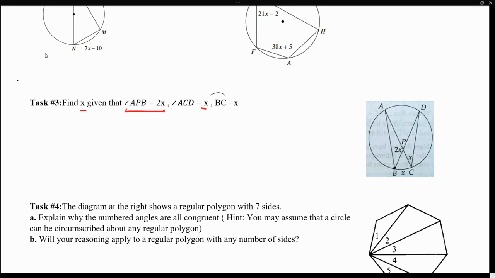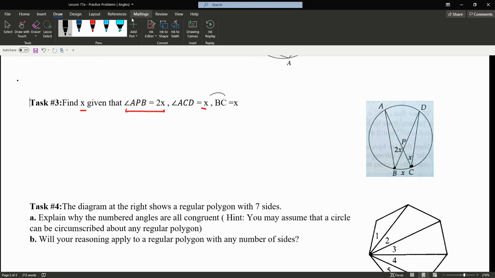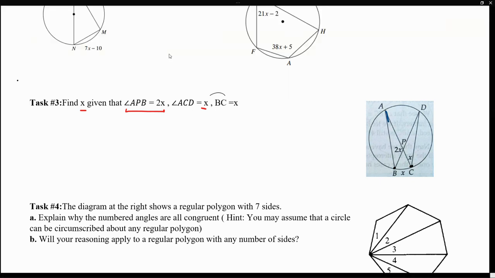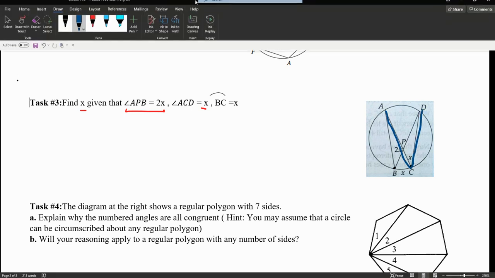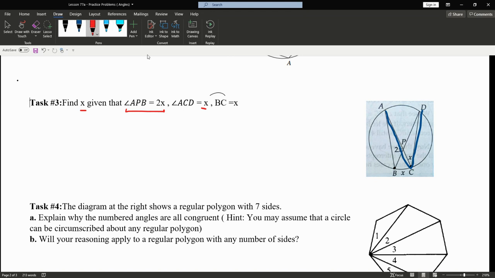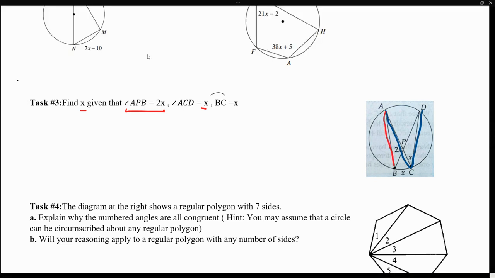We have the inscribed angle B and we have the inscribed angle C. But one thing that you notice about those two inscribed angles is that, at least for inscribed angle C, they do intersect at the arc AD. And also, in addition to that, notice that the inscribed angle B also intersects at the same arc, AD.